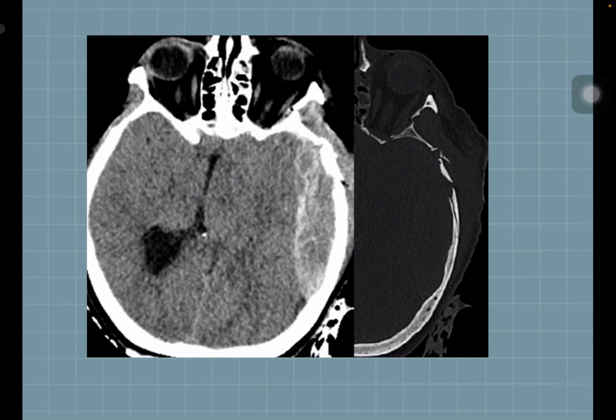It's much clearer. The hematoma is classically lentiform in shape. So this is an example of extradural hemorrhage. It is lens or biconvex in shape. Here we can see there is a midline shift, mass effect due to the hemorrhage and the edema.